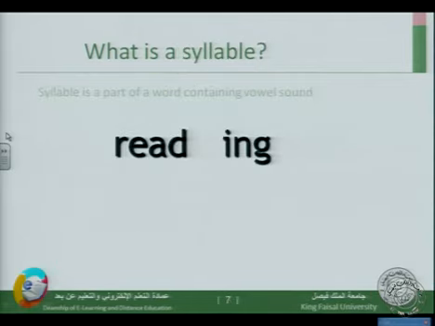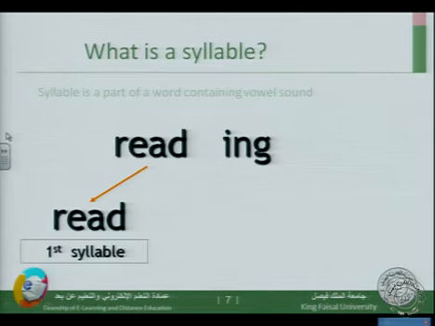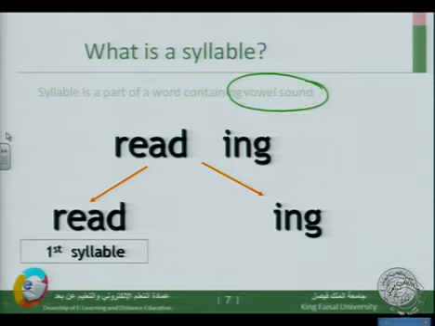What is a syllable? In English, it's very important to know the syllabification of some words. A syllable is a part of a word containing a vowel sound. Imagine, we're talking about sounds. We are not talking about letters. And there is a difference. For example, if you look at this example, reading.